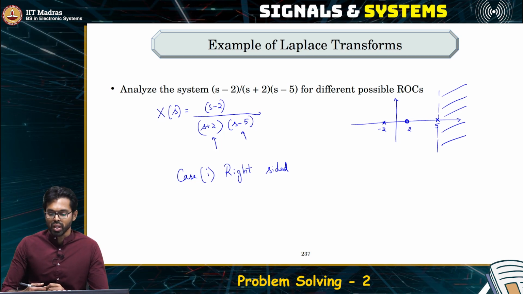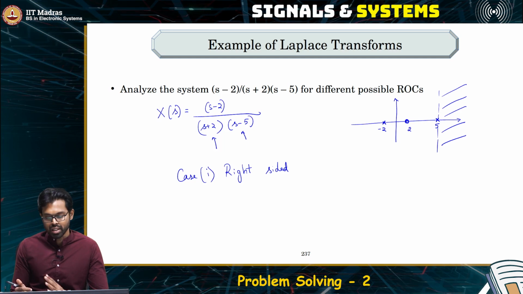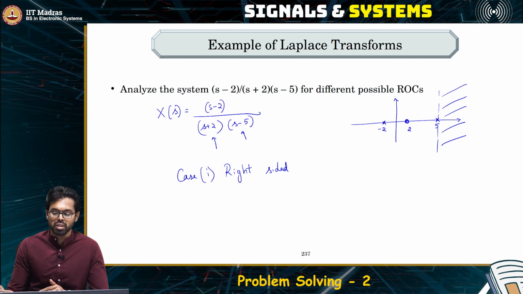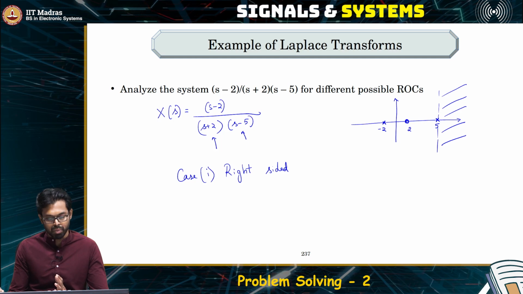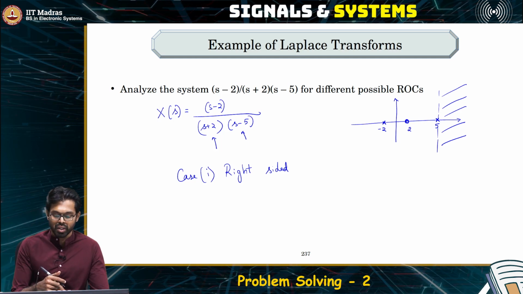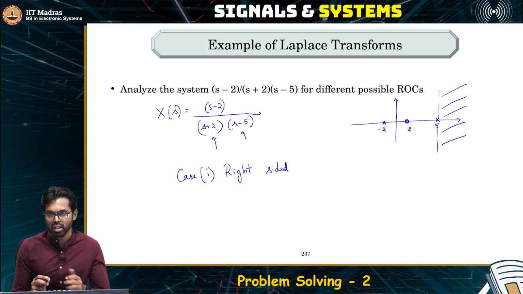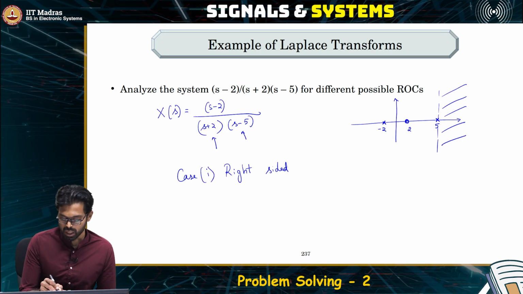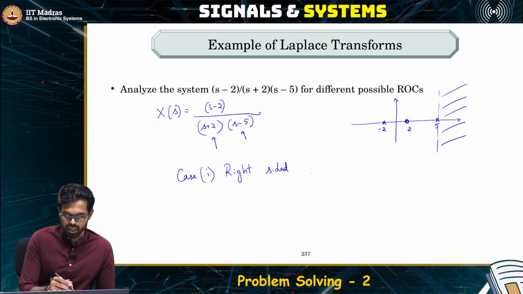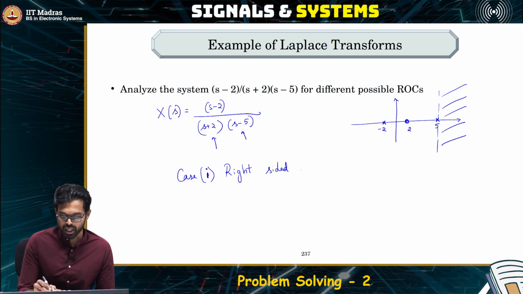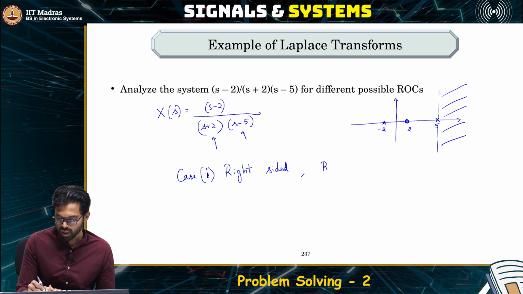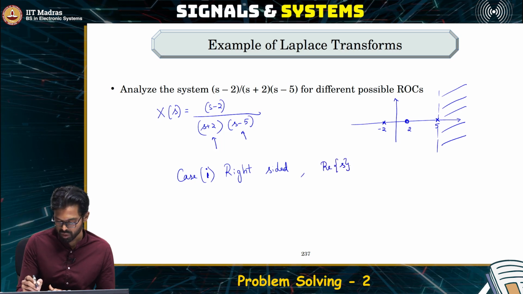So that case is ruled out, and hence the impulse response cannot be a finite length impulse response. The other cases are right-sided, left-sided, or two-sided. So the time domain impulse response is right-sided, that is case 1. In that case, the ROC would be the real part of s greater than 5.